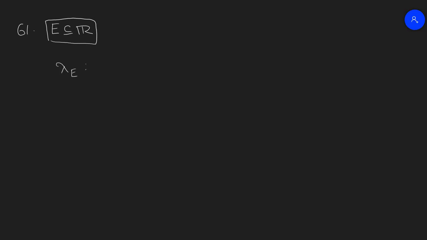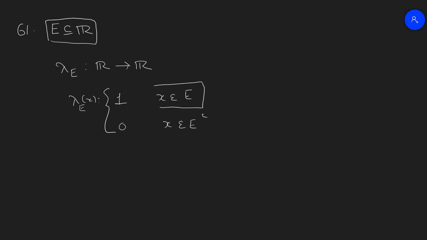The characteristic function is defined from R to R. We know the characteristic function is f of x equals 1 for all x belonging to E, and 0 for all x belonging to E complement, which means that for all values in E, the function takes the value 1, and for all values other than E, it takes the value 0.